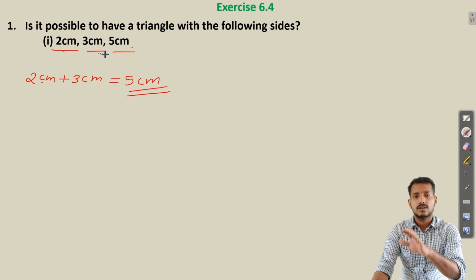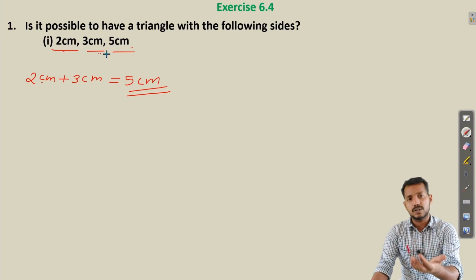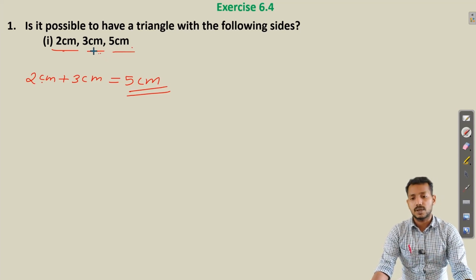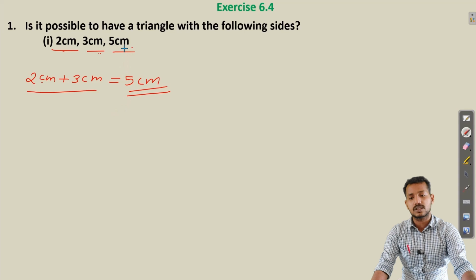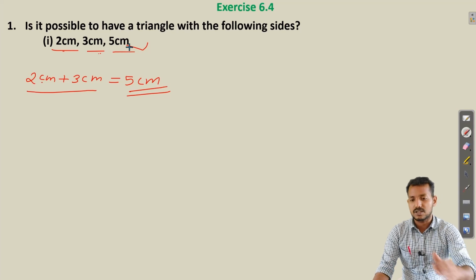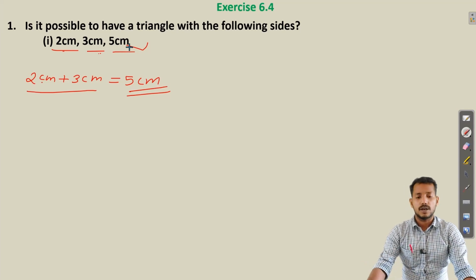So these cannot be the sides of a triangle, because the sum of these two should be greater than the third side. Here it is equal to the third side. Therefore, it is not possible to have a triangle with these sides. You can check the other options by yourself.